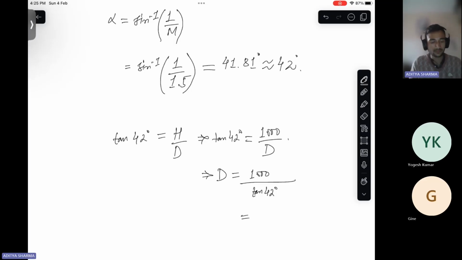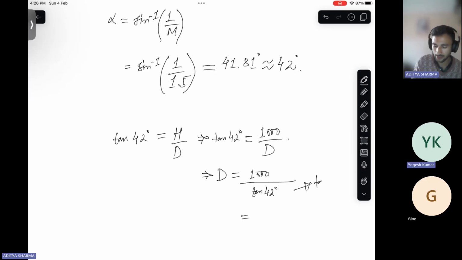So what's the answer? 1110.6 meters. See, tan 45 is 1, right?